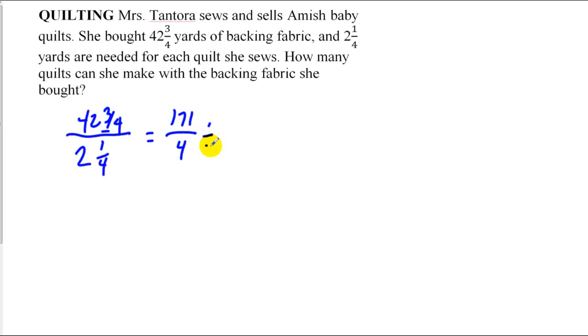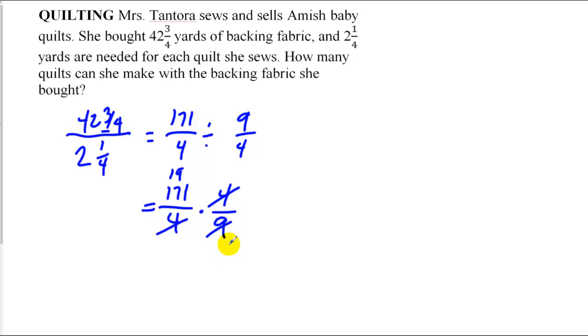And that's divided by 9/4. Multiply by the reciprocal, 171 over 4 times 4 over 9. 4 is reduced. Just so happens 9 goes into 171 19 times. And I end up with 19.